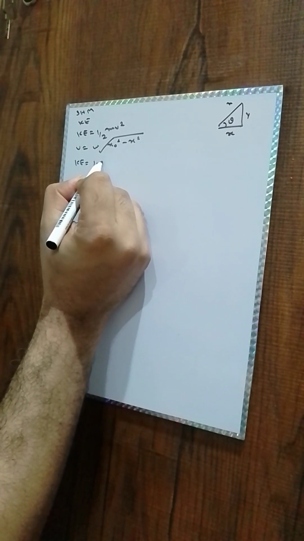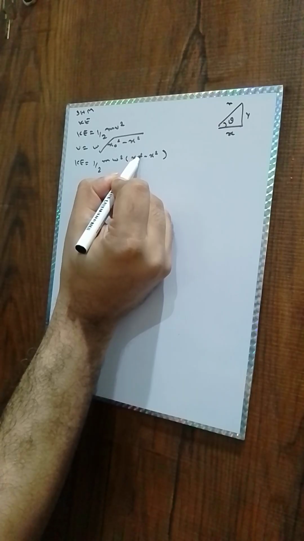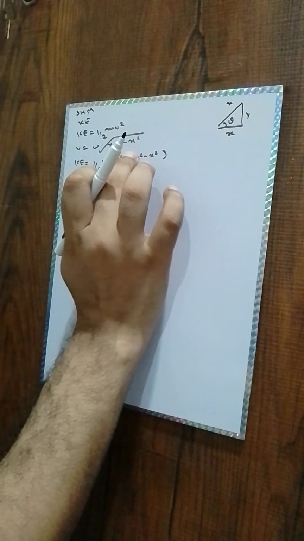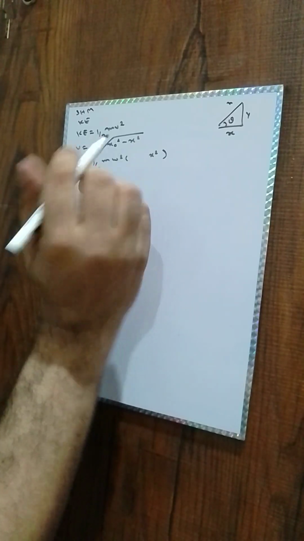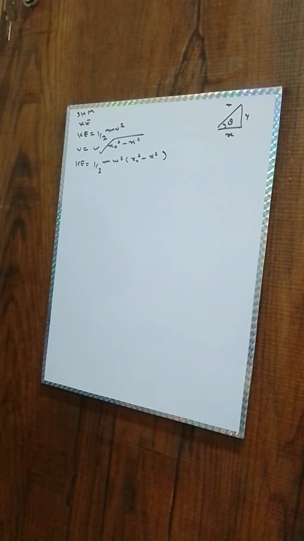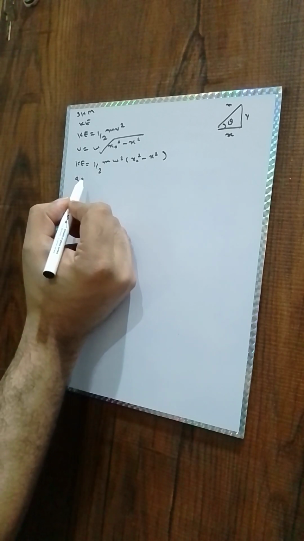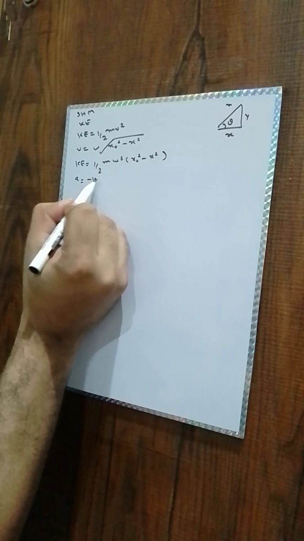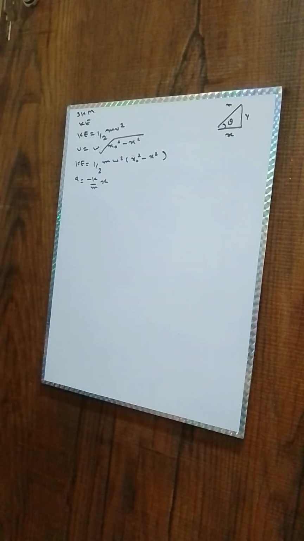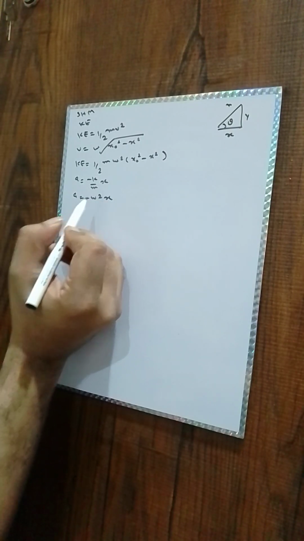Anyways, KE basically is equal to 1 by 2 m into omega square into x naught square minus x square here. So A is equal to minus K by m into x, that we know, as established previously, and also A is equal to minus omega square x.